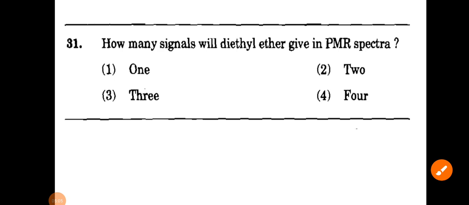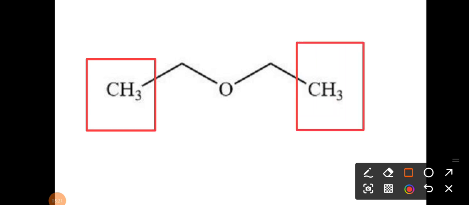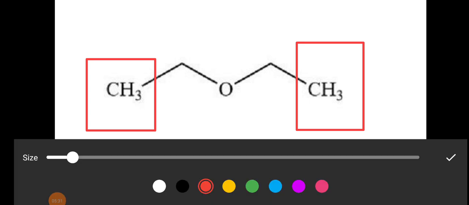We will see how it looks. That is the structure of diethyl ether. How many signals are there? There are two signals. But how? Here are two sets of protons. These two CH3 groups are magnetically and chemically equivalent, so they give only one peak. And in between there is a CH2.